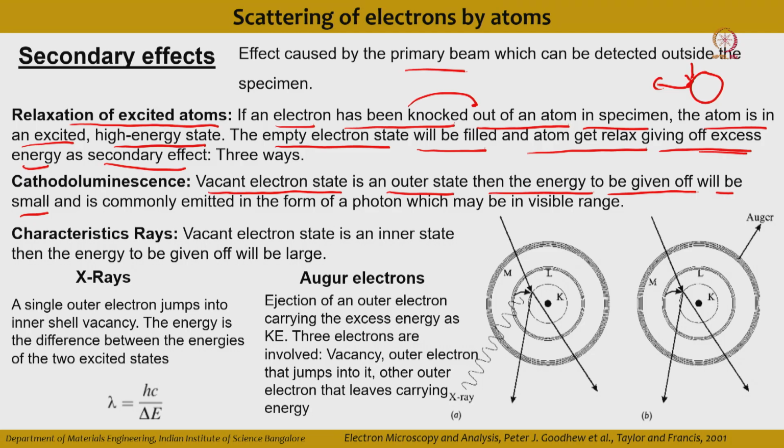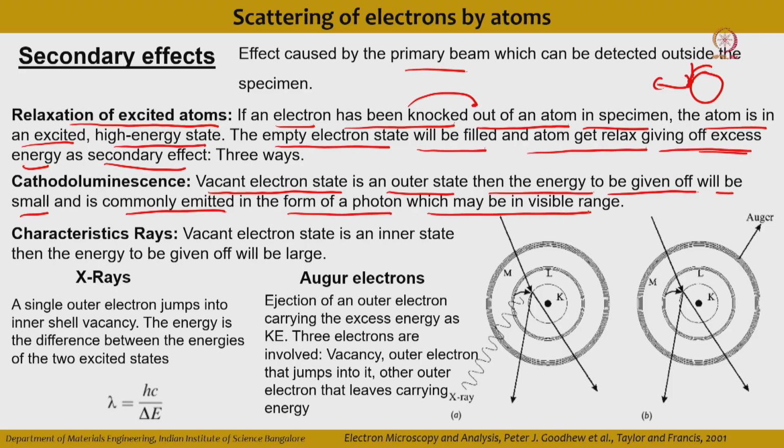The electrons which are in the conduction band usually occupy these vacant sites of the valence shell. So, these conduction electrons occupy the vacant sites of the valence electron, and this is commonly emitted in the form of a photon which may be in the visible range.